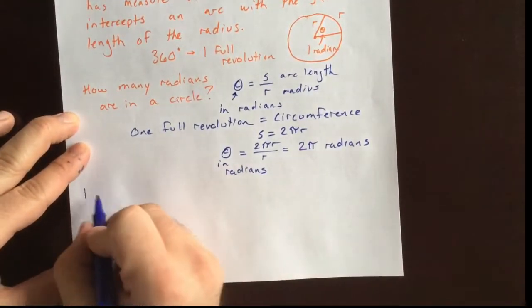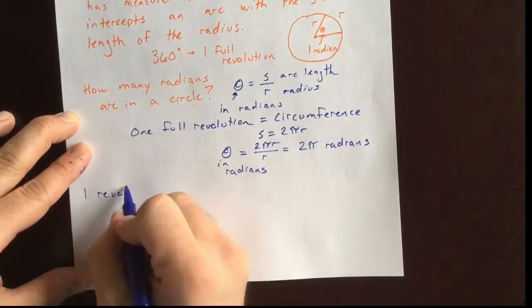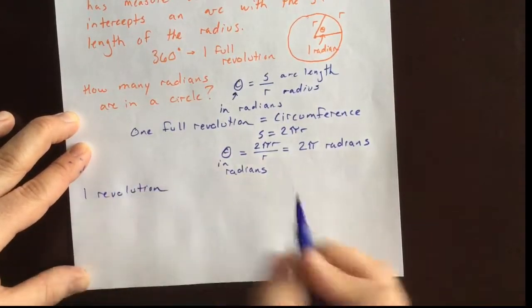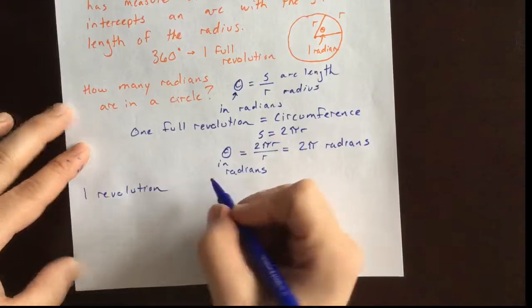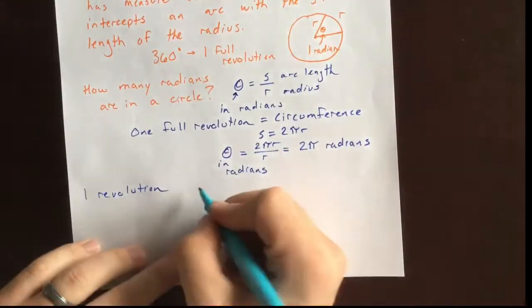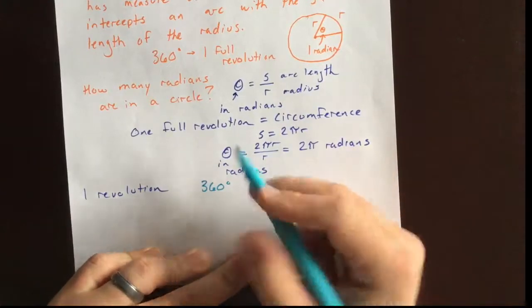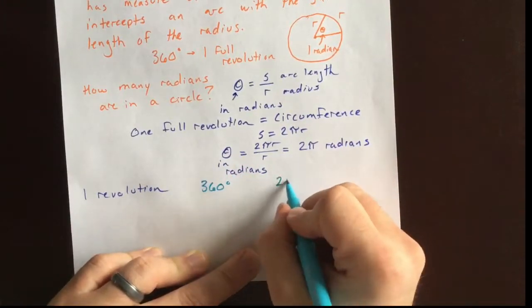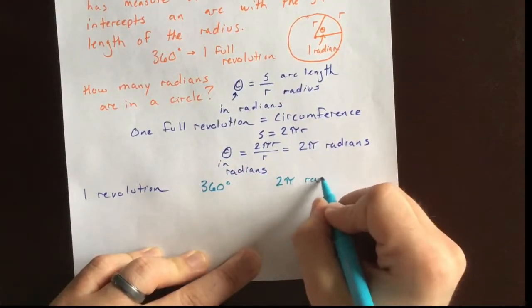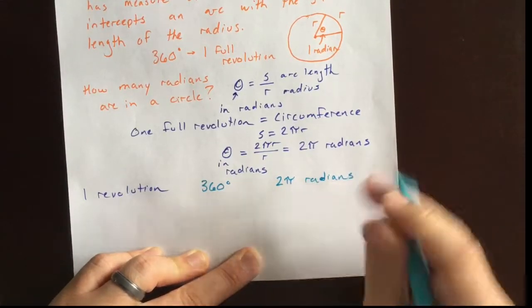We just found that 1 revolution, which we knew to be 360 in degrees, is 2 pi radians. So we're going to use that to complete a little chart here.